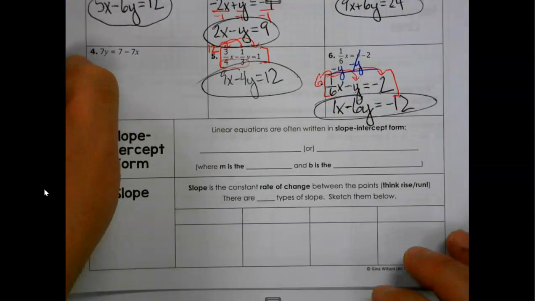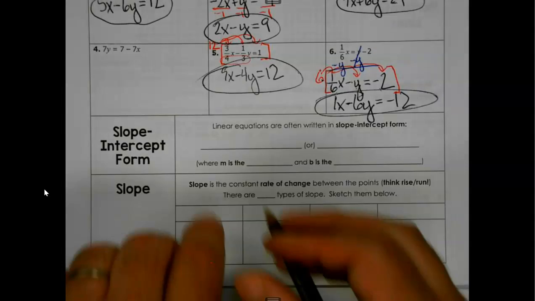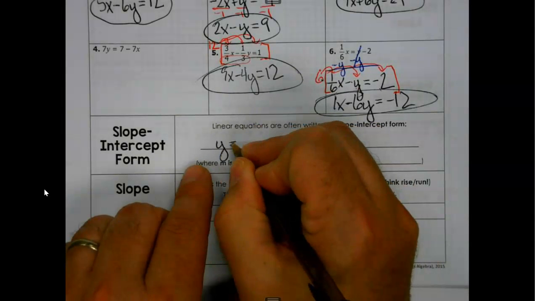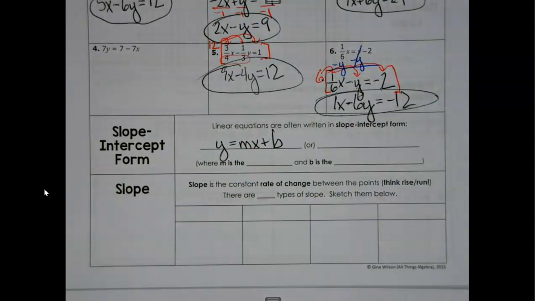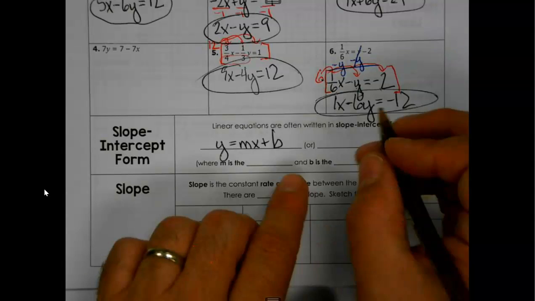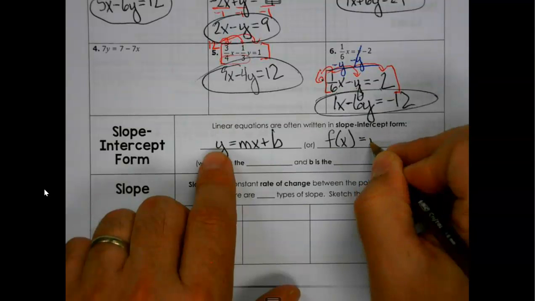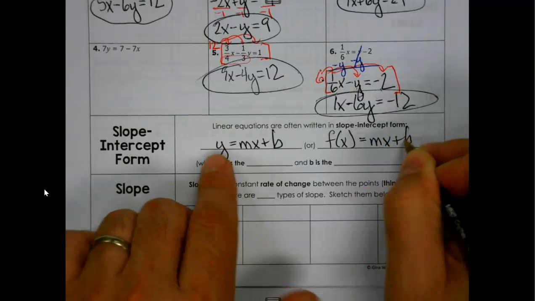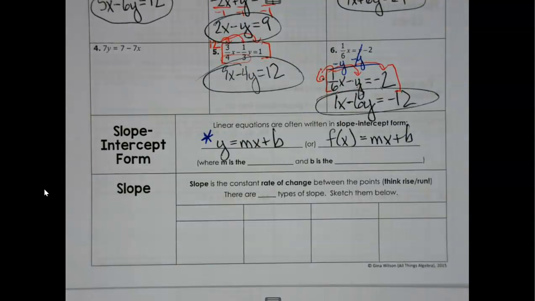The main character in graphing lines, though, you've probably been seeing this since pre-algebra, is slope-intercept form. Good old y equals mx plus b. Occasionally, and the only reason I'm writing this, it may be for now, it may be for future reference, sometimes y will get replaced by this thing, f of x. This is what you will see most of the time, though, okay, is y equals.